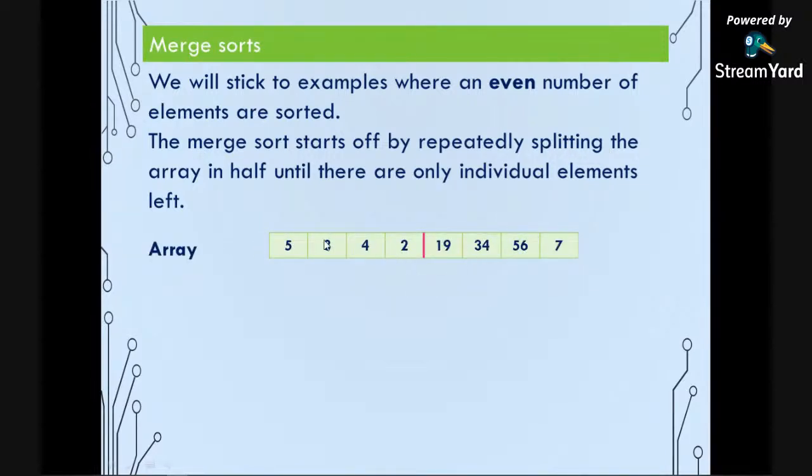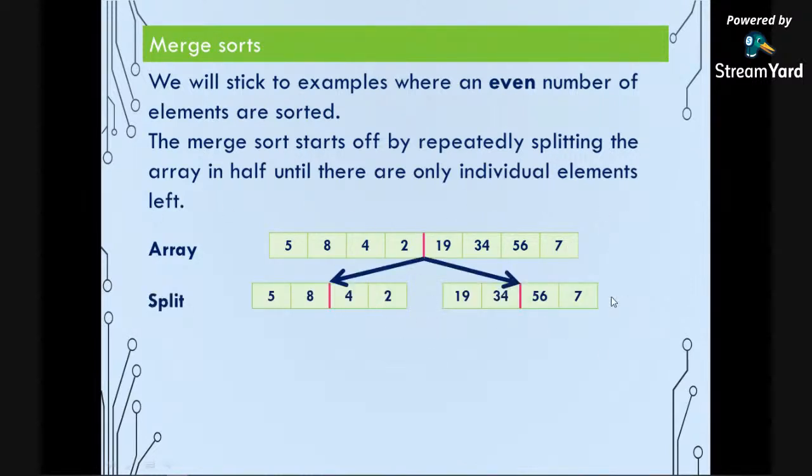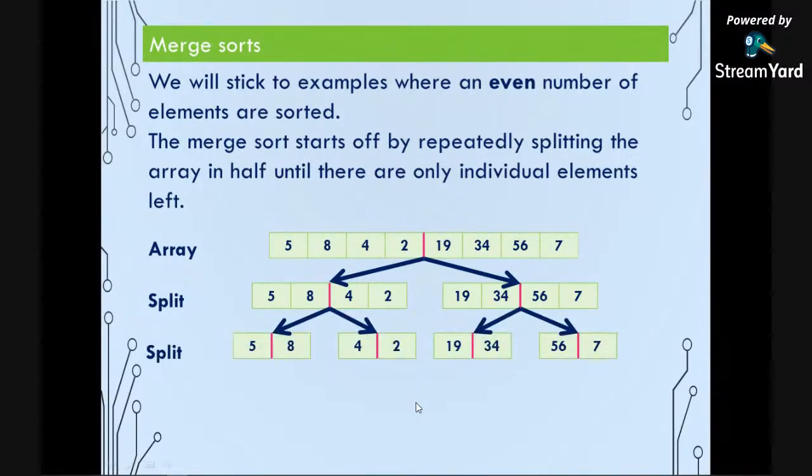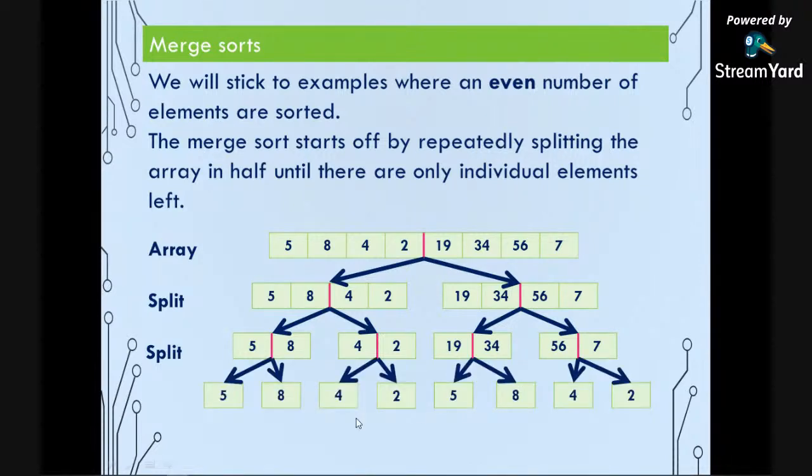We've got our array here, 5, 8, 4, 2, 19, 34, 56, and 7. This needs to be sorted. So we split it in half, and now we've got 2 separate lists. Then we do the same thing again, so we have 4 separate lists, and then into individual elements.